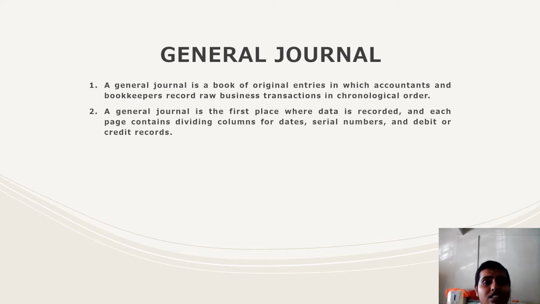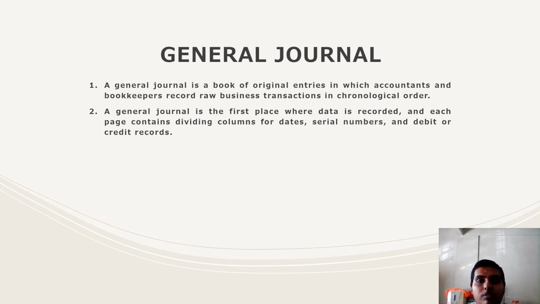Then, a general journal is the first place where data is recorded, and each page contains dividing columns for dates, serial numbers, and debit or credit records. This means the general journal will be the first place where we record the accounting data or accounting information, and each page of the journal has its own dividing columns for the dates, and for the serial numbers of the source documents where we collect the accounting data.